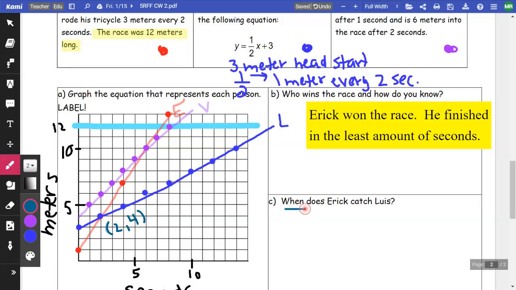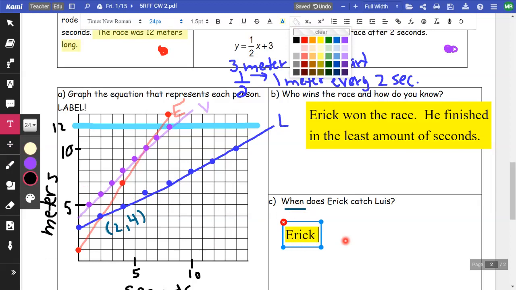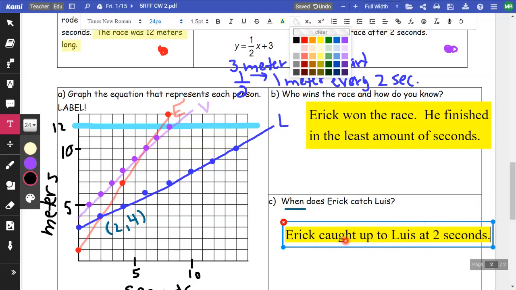So that means they actually want us to give the time. So Eric caught up to Luis at 2 seconds.